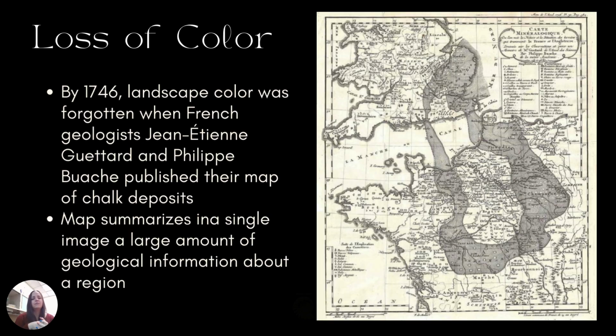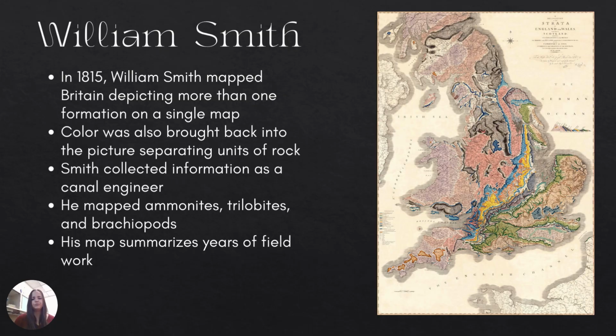This map showed chalk deposits in the French region. And in a single image, you can't really just immediately see what's happening. It's just all black and white, right? And so it makes it really hard to depict the geology, especially if it's really vast and changing a lot. Otherwise, you need a lot of labels to label each little section, which can be daunting.